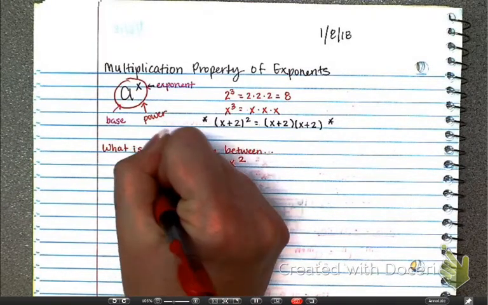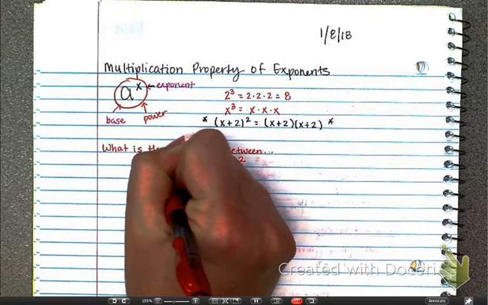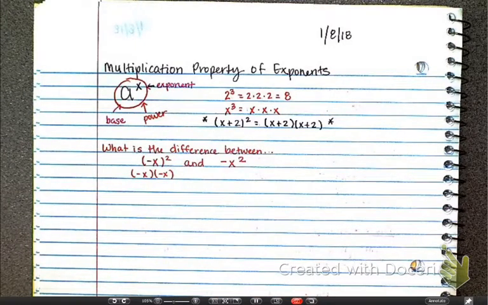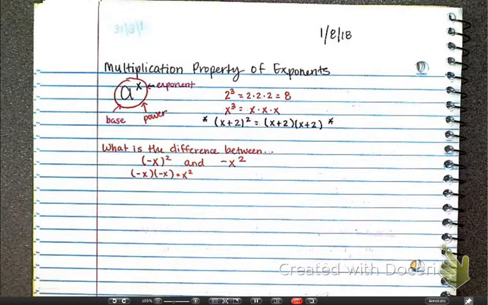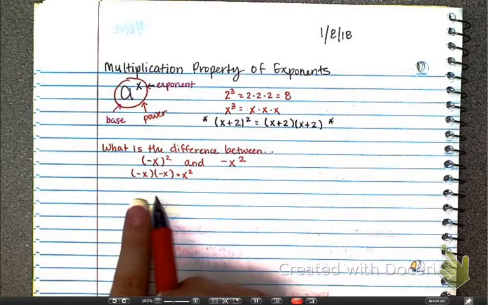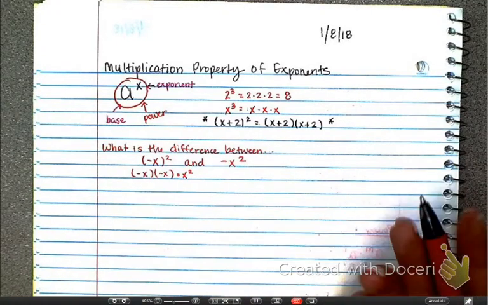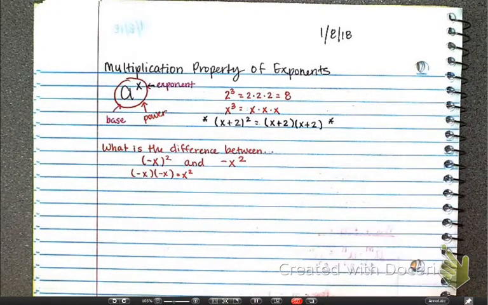Okay, so you're saying write it like this. Okay, so negative x times negative x is positive x squared. I'm okay with that. You don't need the parentheses there once you separate them. So I could just write negative x times negative x, and I'm still going to get positive x squared. So I'm okay with that.